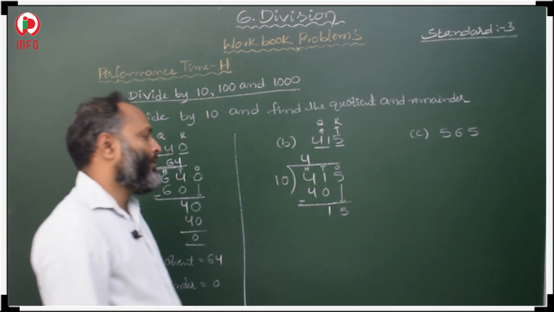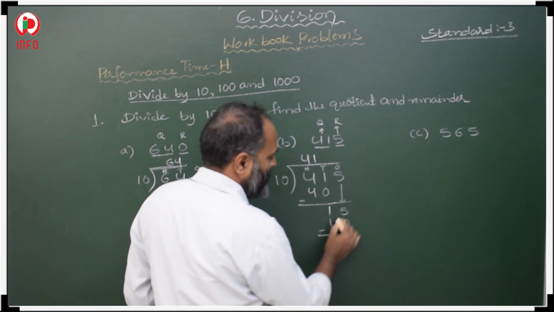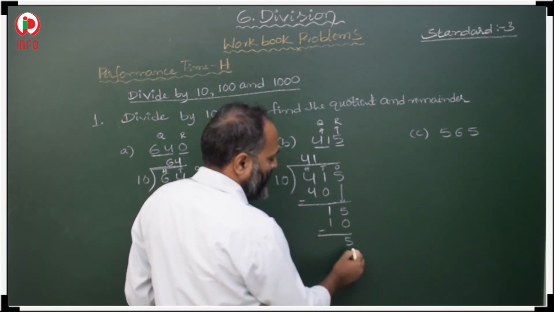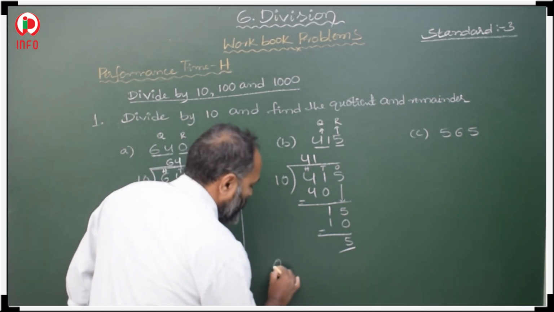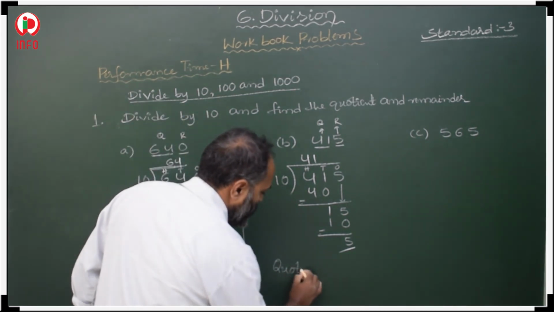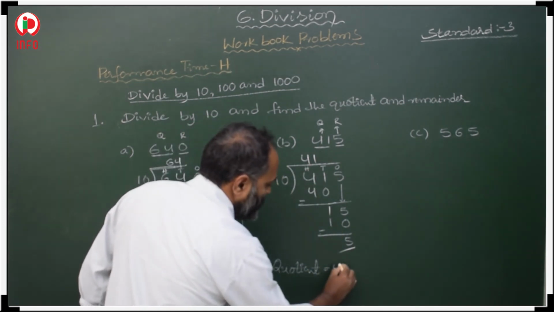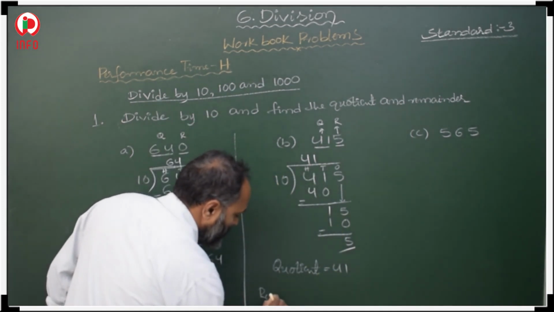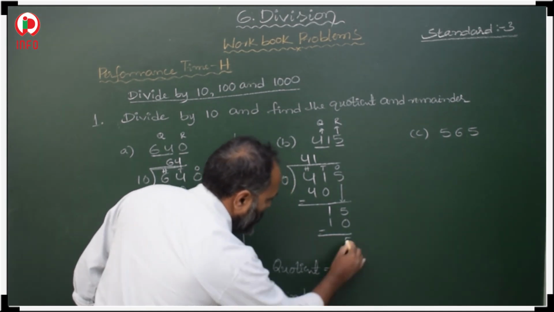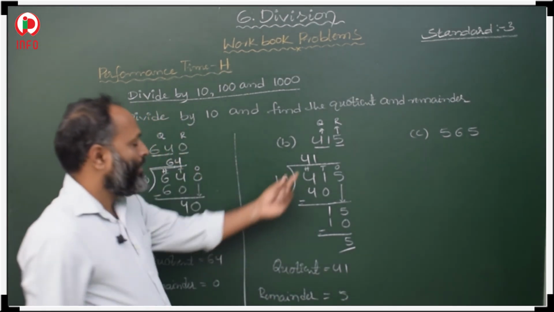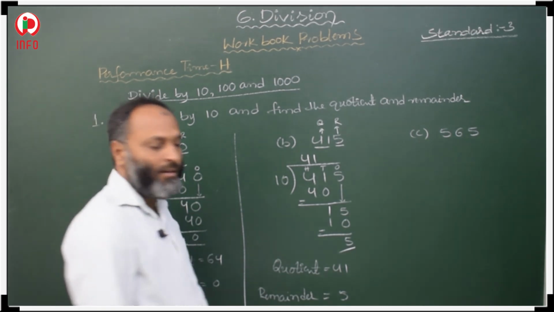When you get 15 in the 10 table, 10 ones are 10. Then minus: 5 minus 0 is 5, 1 minus 1 is 0. Now, what is your quotient? Your quotient is 41. Your remainder is 5. Once you check, 41 is the quotient and 5 is the remainder. The same thing we got.